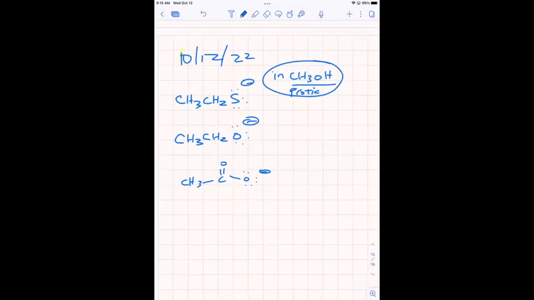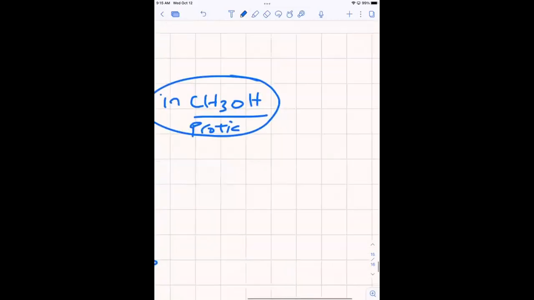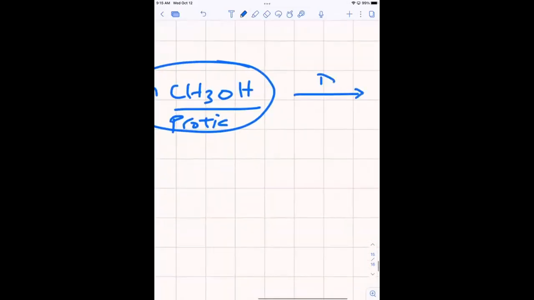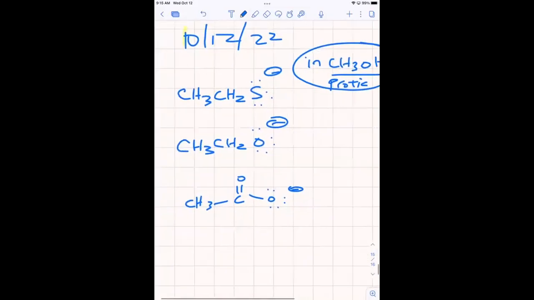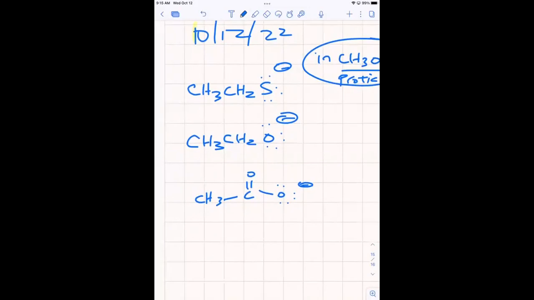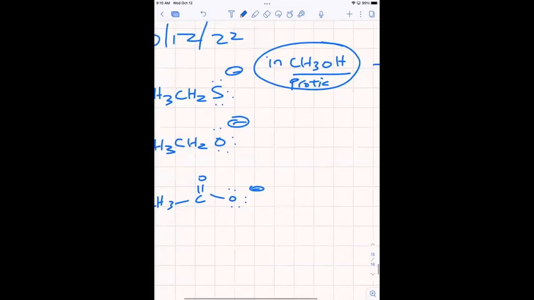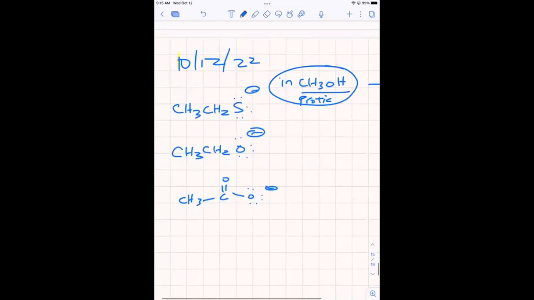right? What's the trend? It is decreasing from left to right, increasing from top to bottom. So which one is going to be the best, right? Keep in mind, sulfur and oxygen, there's no left to right on that because they're in the same group. They're in the same column on the periodic table.